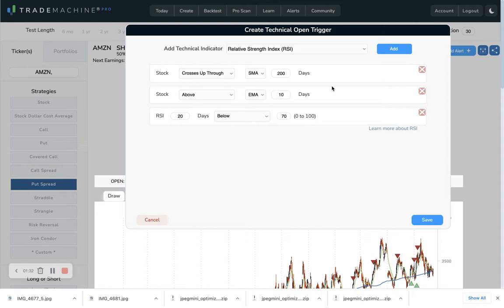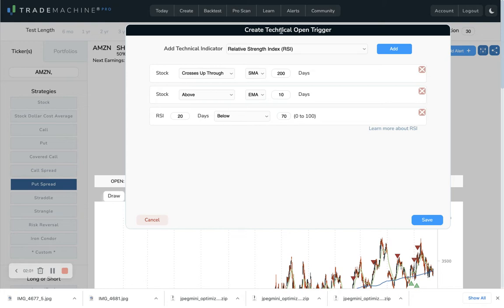So here it is. We're waiting for the stock to cross up and close above the 200-day simple moving average. The stock has to be already above the 10-day exponential moving average. Usually whenever it's above the 200-day moving average, this is a given just because it's a shorter time frame moving average. And then think of the RSI as a way of making sure the stock is not overbought.